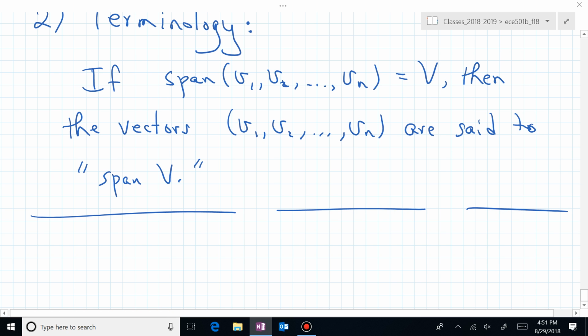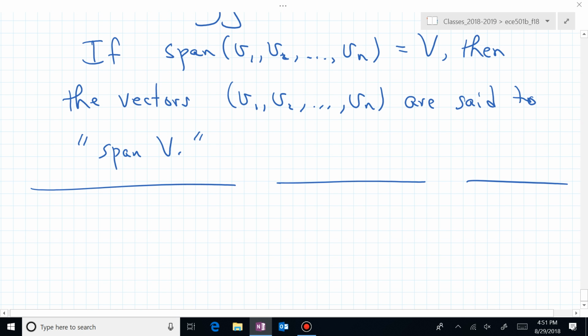And here, that list has how many, or what quantity of vectors in it? N, which is finite. So this now leads us into finite dimensions.